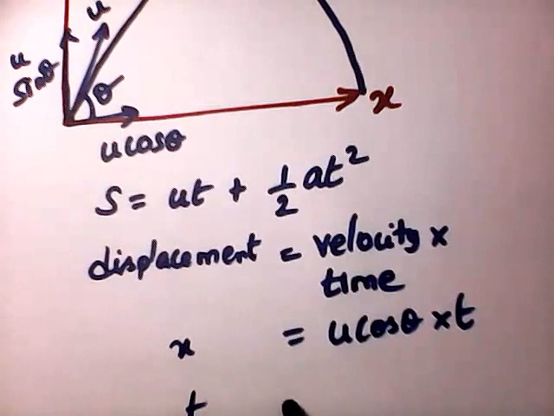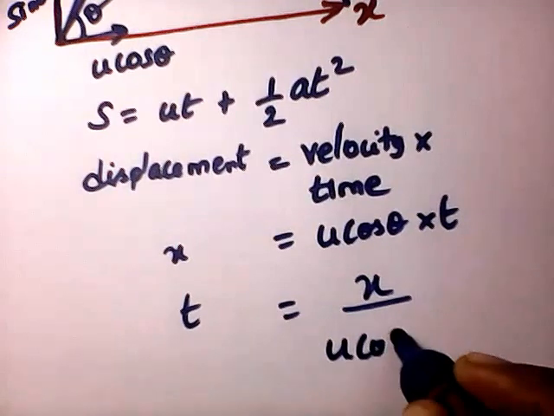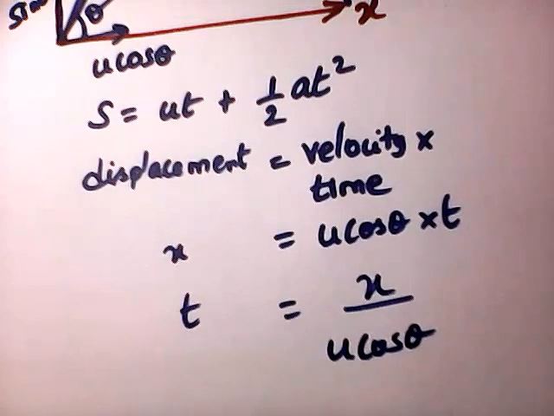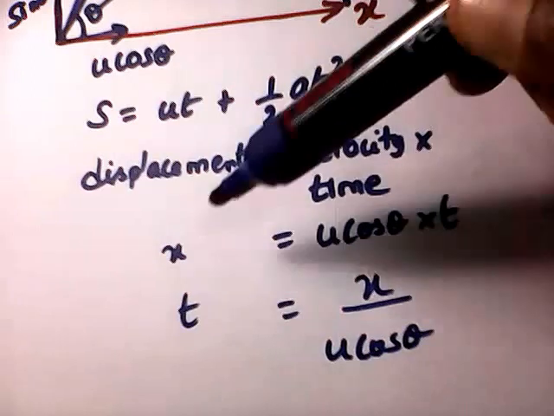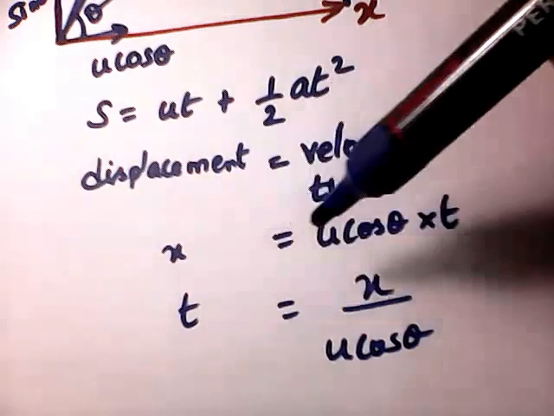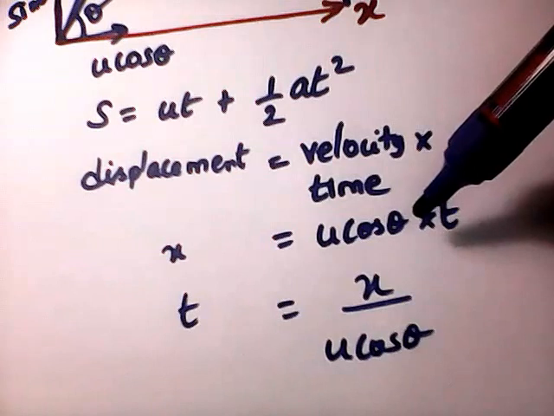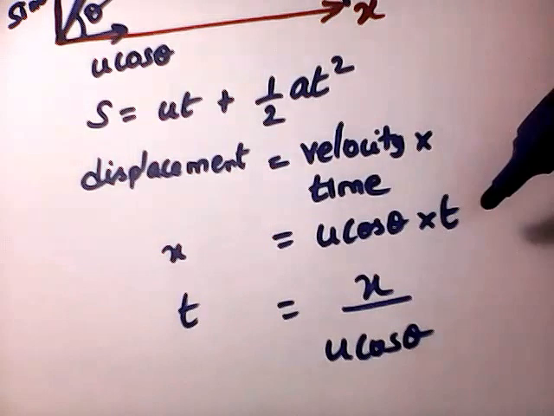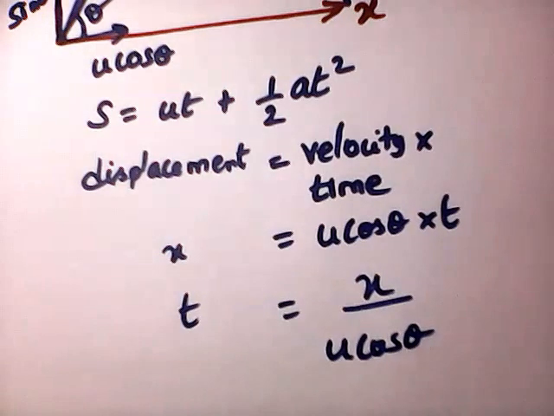Therefore t is equal to x by u cos theta. I repeat once again, displacement is equal to velocity into time. x is the horizontal displacement, u cos theta is the horizontal velocity and t is the time taken. Therefore t is equal to x by u cos theta.